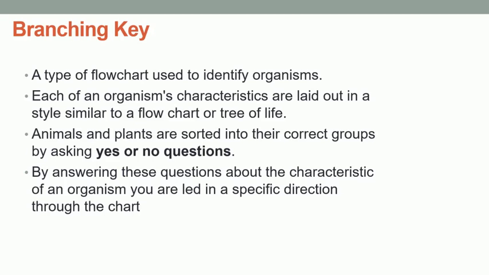So basically by answering these questions, you are led in a specific direction with the help of this chart, and that will lead to the name of the organism which you are trying to identify.